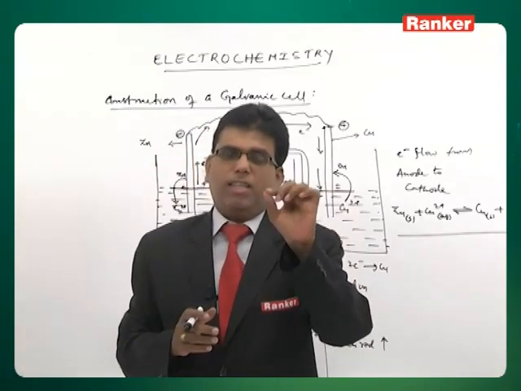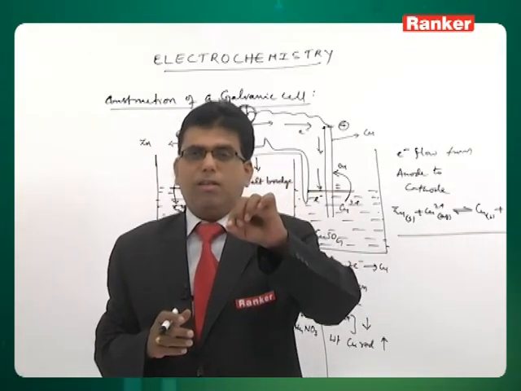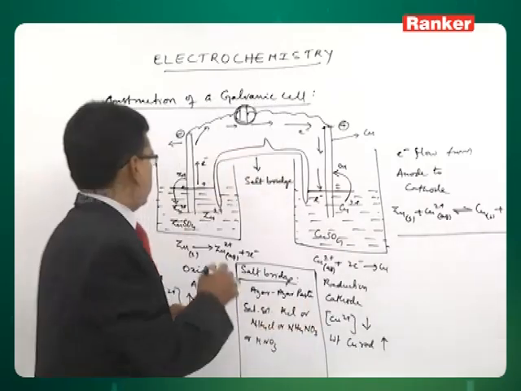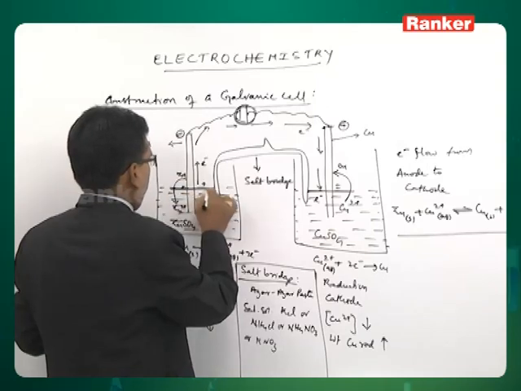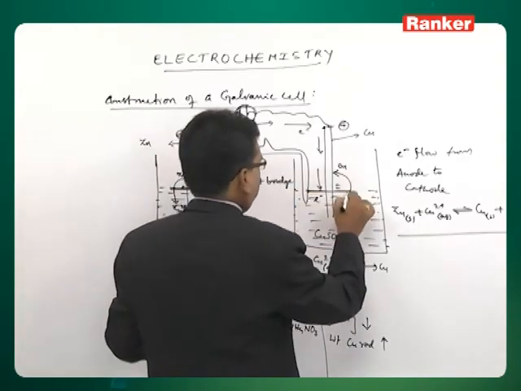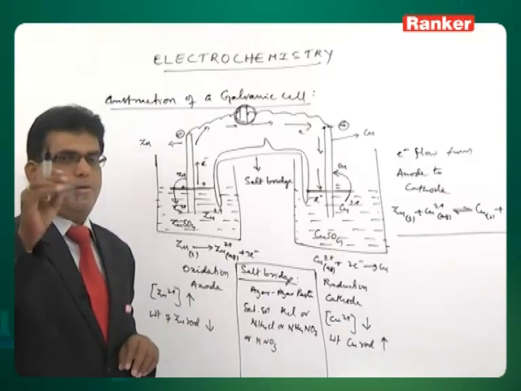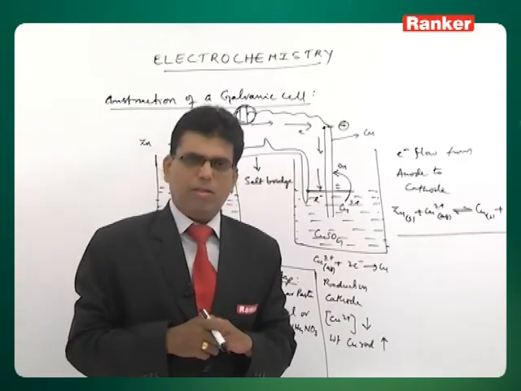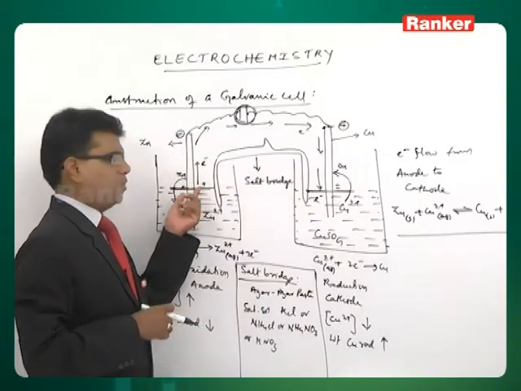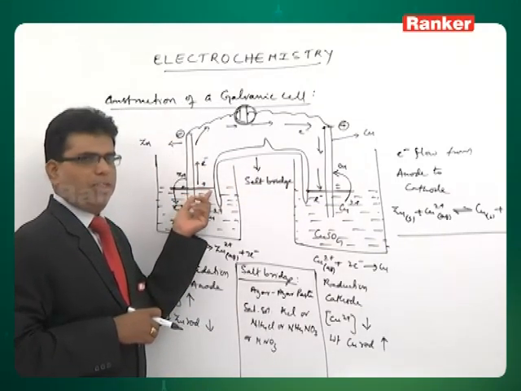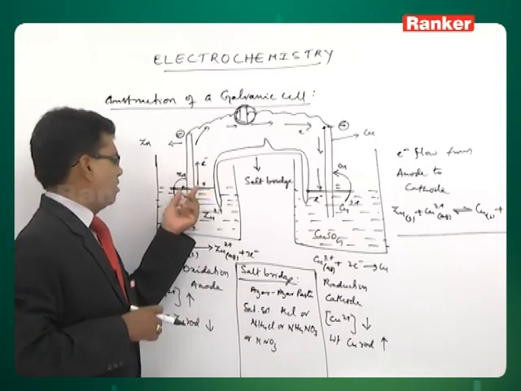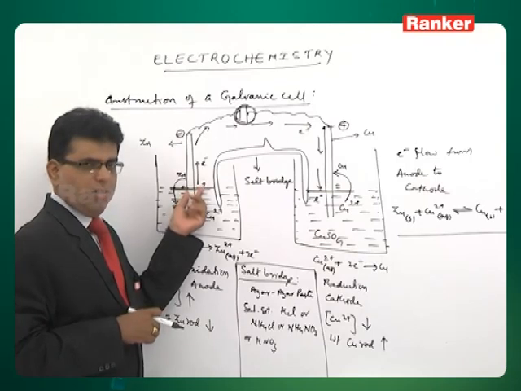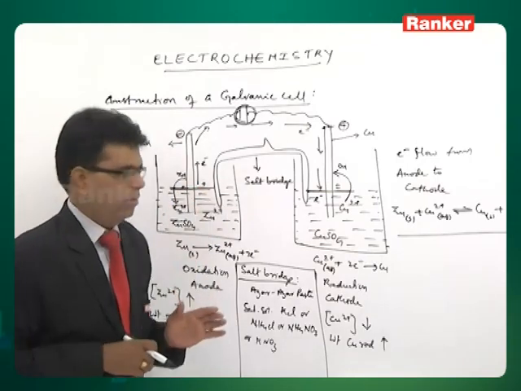Charges will get accumulated exactly at those places where the oxidation or reduction is taking place. So, this is the place where the oxidation and reduction are taking place, so there will be an accumulation of charge. Once charge gets accumulated in any of the half cells, for example here, if the excess positive charge is getting deposited at the metal metal ion interface, because of the accumulation of the positive charge, further oxidation is prevented.